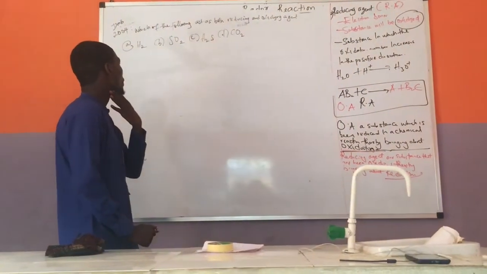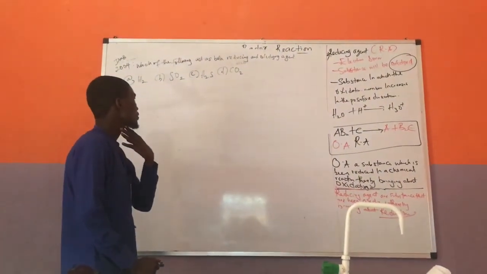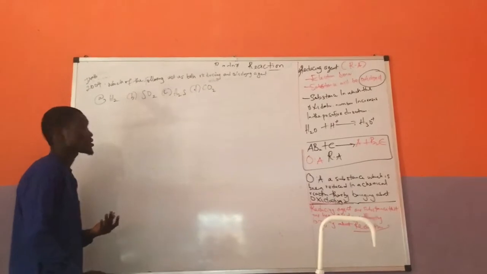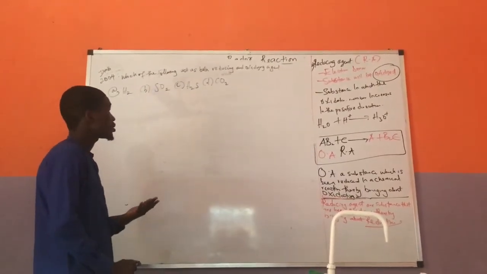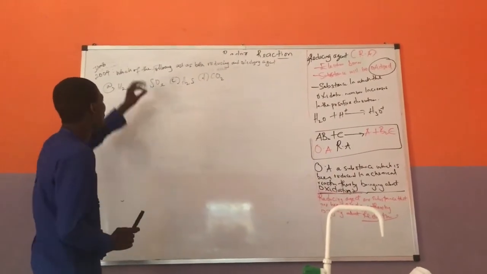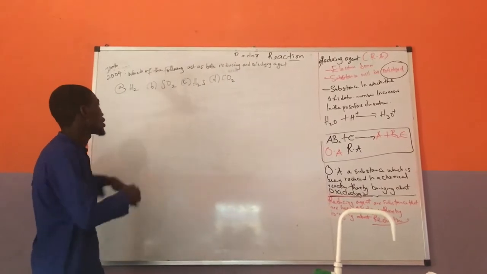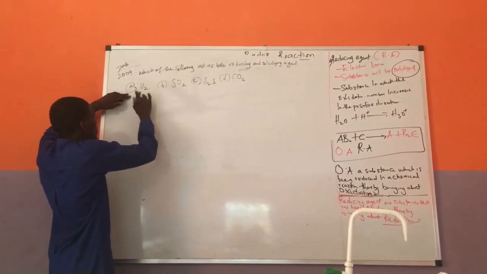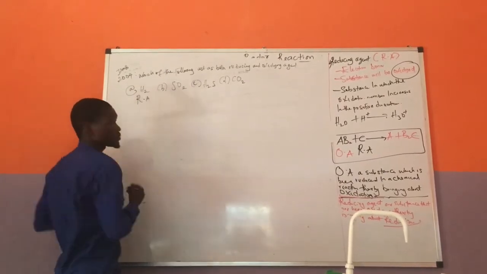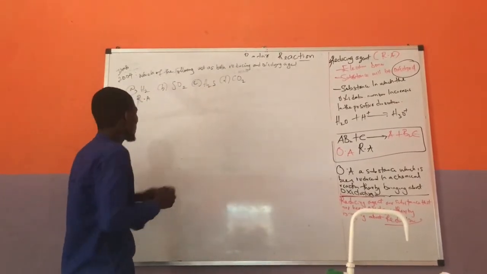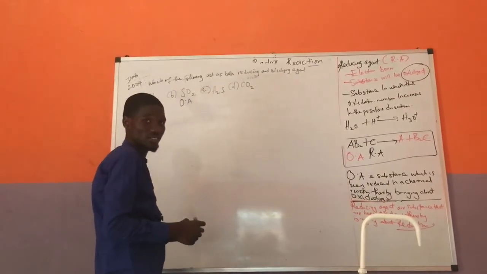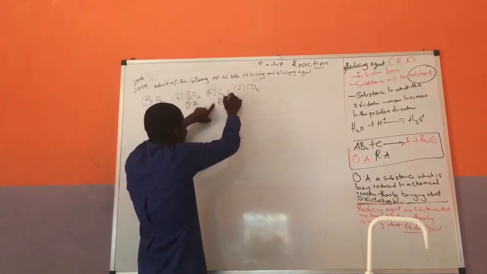Sulfur oxide can act as reducing and oxidizing, but for it to have this, which is your sulfur oxide, so this acts as a reducing agent. This acts as an oxidizing agent. This acts as a reducing agent.